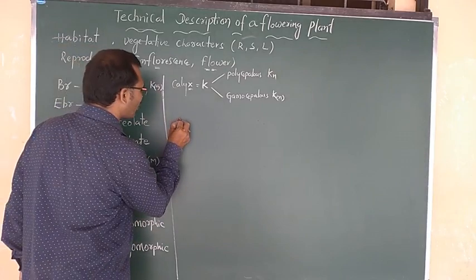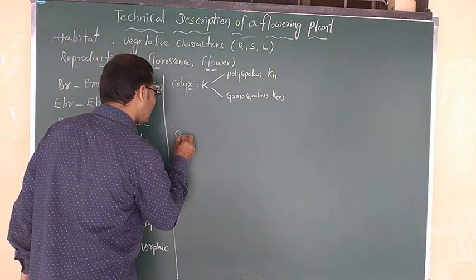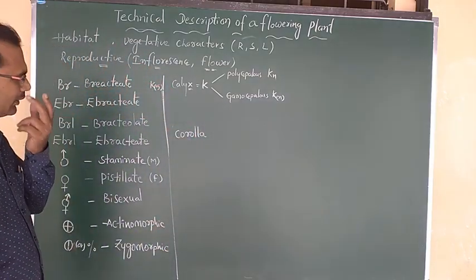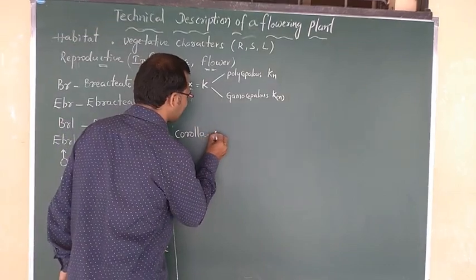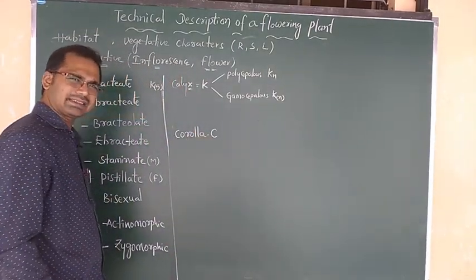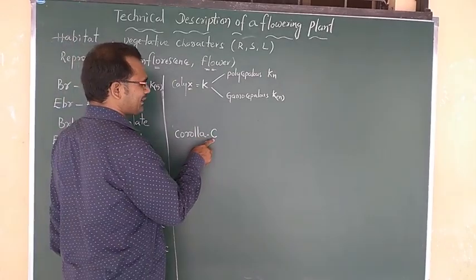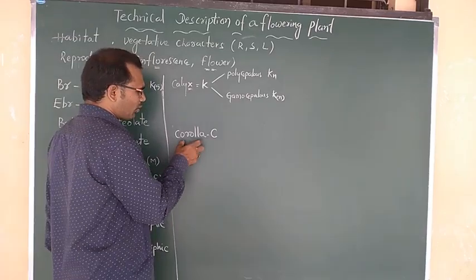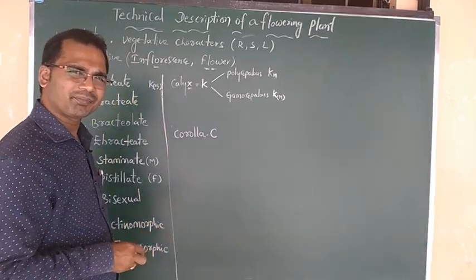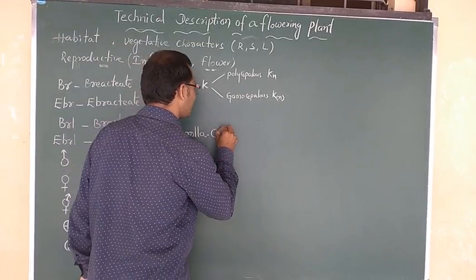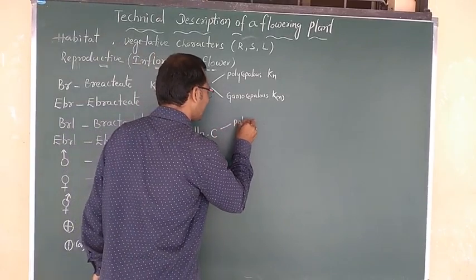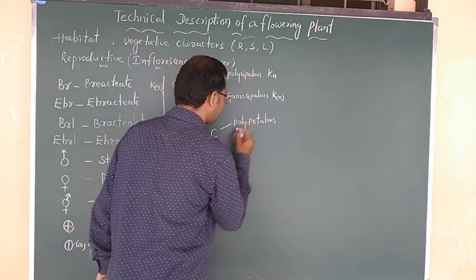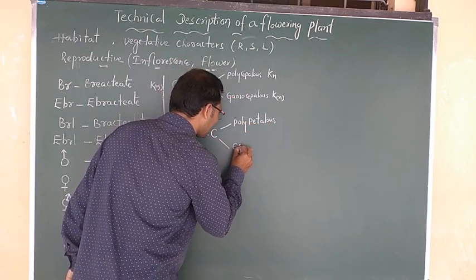Second one is corolla. Which symbol indicates corolla? C. C indicates corolla. It is composed of petals. Here also we use two words: polypetalous and gamopetalous.